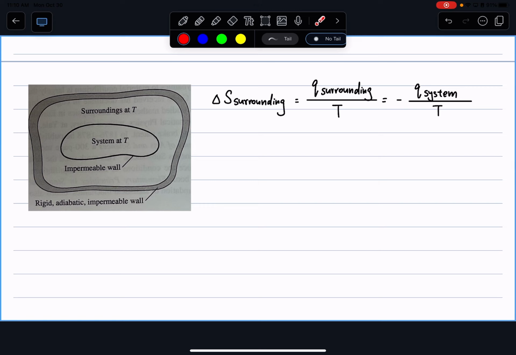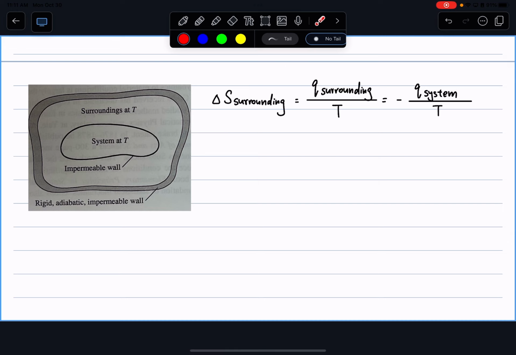Next up, we'll spend a little bit more time thinking about how your delta S of the universe is related to the Gibbs free energy for the process. Again, we're looking at the system we've seen before. We're imagining you have a system of interest that's separated by an impermeable wall, but not adiabatic, so heat can go in and out between your system and surroundings. So in this process, let's think about what is happening.